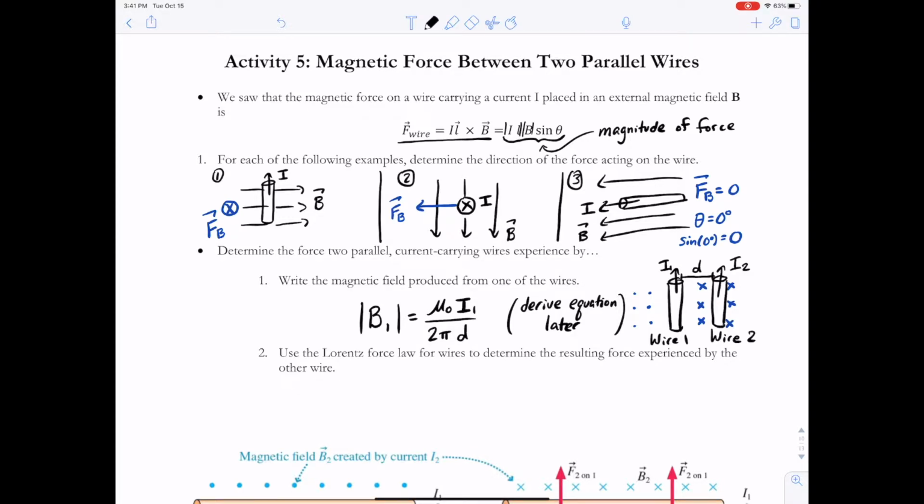And actually, that's what's going to happen to wire 2, because wire 2 is placed in the magnetic field created by wire 1. So we can find an expression for the force that wire 2 would experience when placed in the magnetic field created by wire 1. To do that, we'll need our new equation that we just derived and we talked about at the top of the page, which is force is equal to I L cross B.